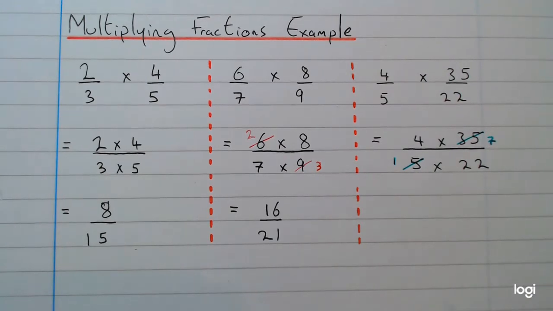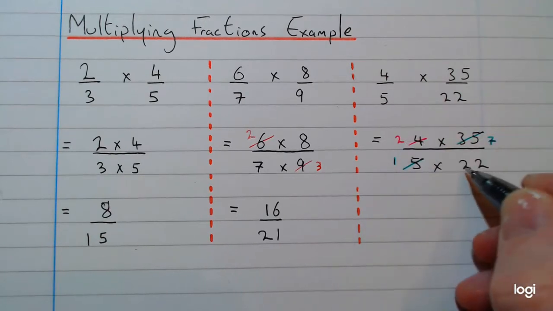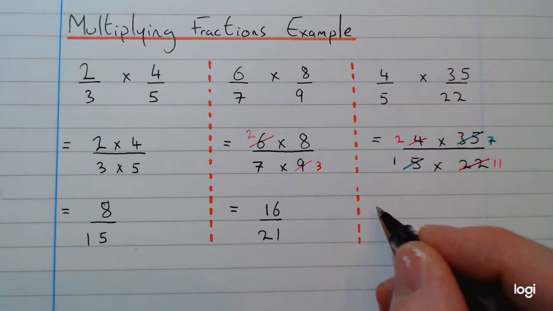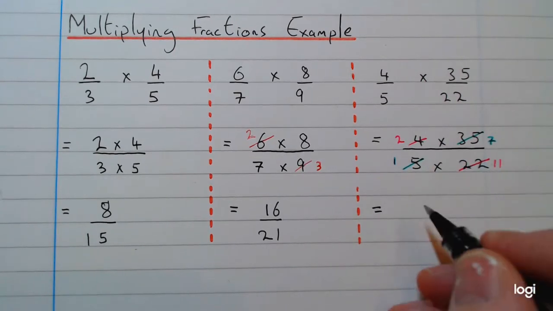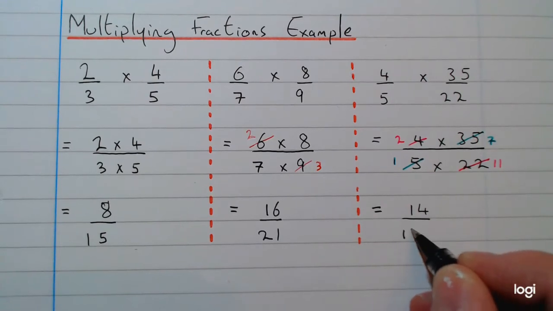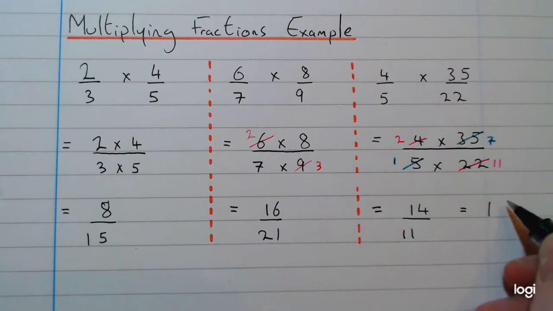So if I cross them out, 5 divided by 5 is 1, 35 divided by 5 is 7. And in the same way, I can simplify 4 and 22 by dividing them both by 2 to get 2 and 11. Now my question is simply 2 times 7 and 1 times 11. So I should have 14 over 11. And if you want to write that as a mixed number, you can. It is 1 and 3/11.